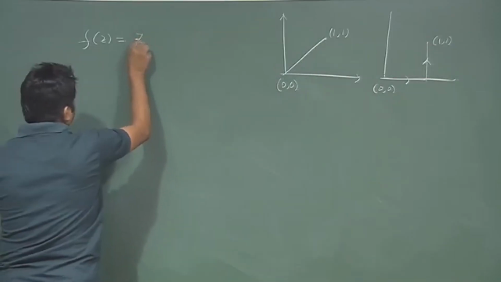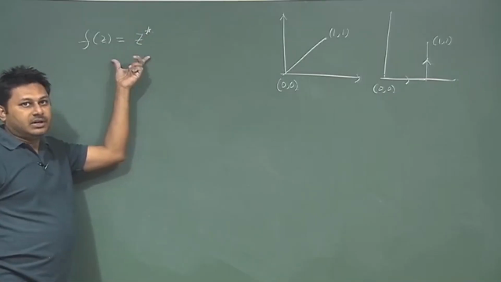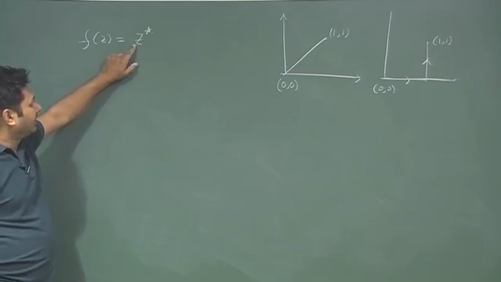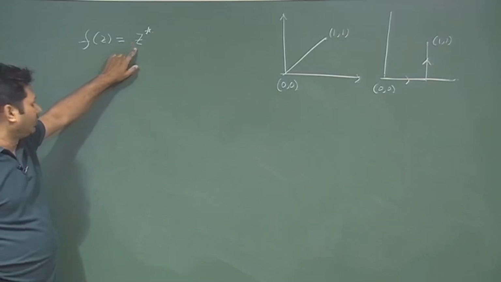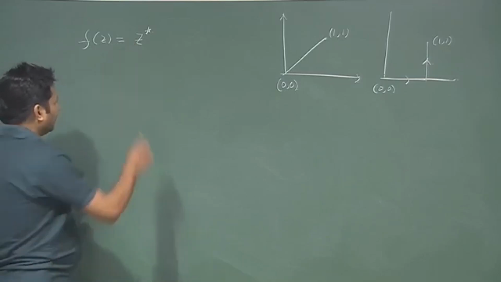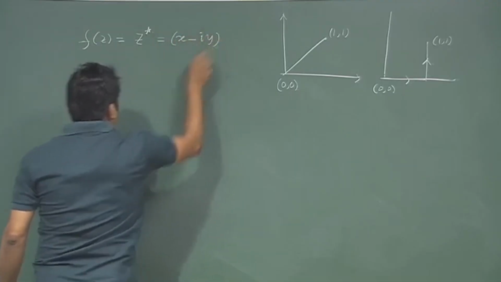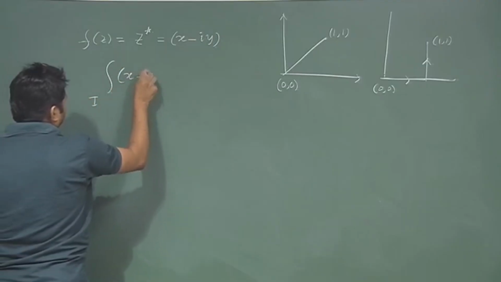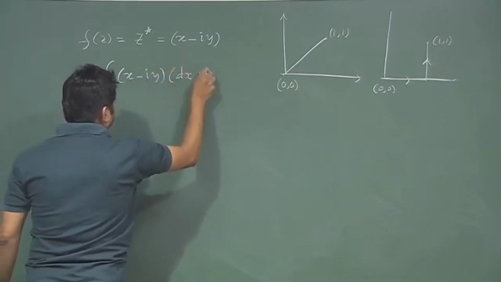So, my function is f z equal to z star. We know that z star is not an analytic function. So, if I try to find the path integration, it is likely that the two values may not be the same. So, we try to do it quickly. That means it is x minus i y, and the integration over path 1 is x minus i y dx plus i dy.